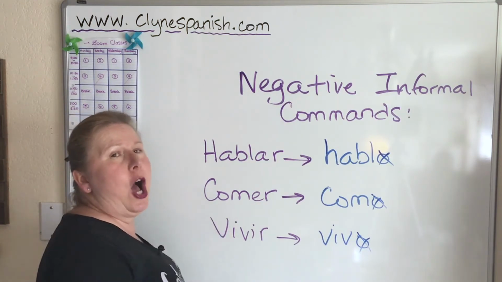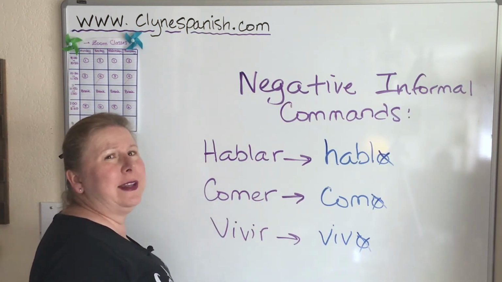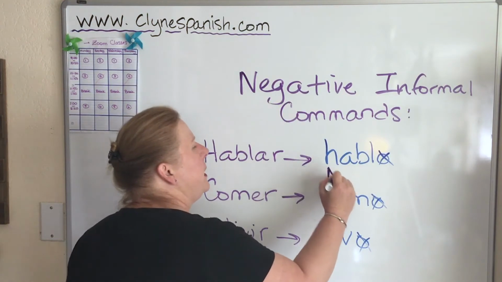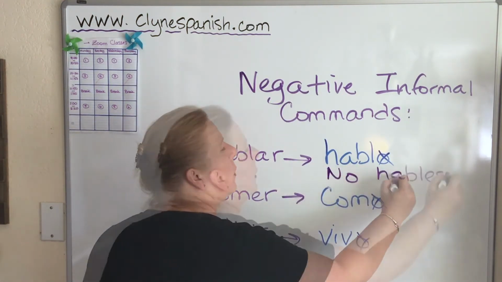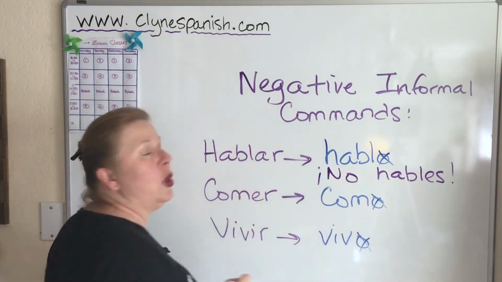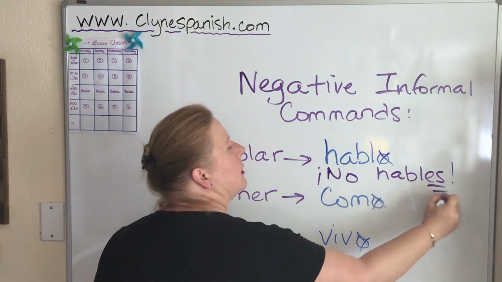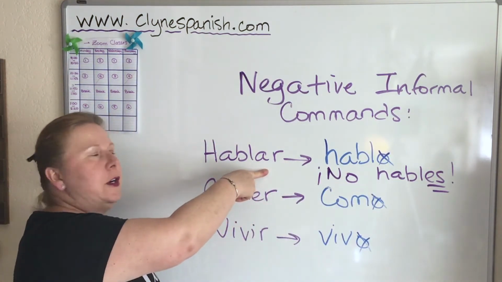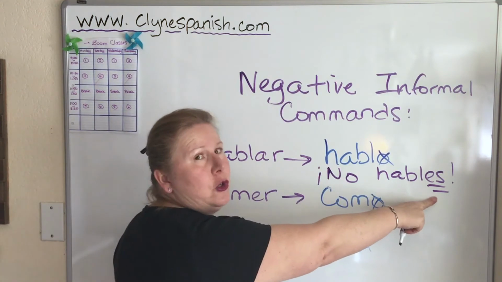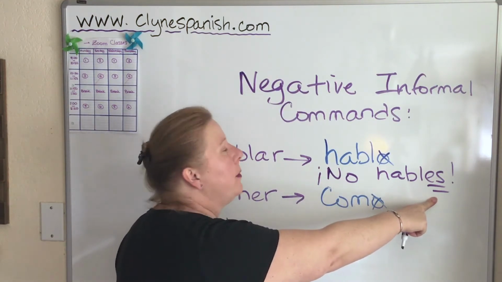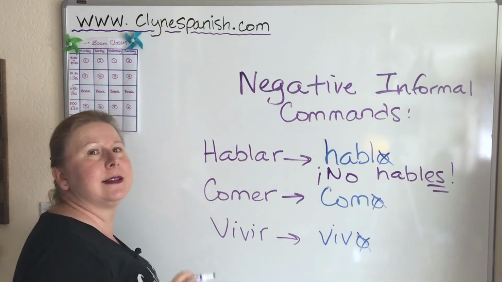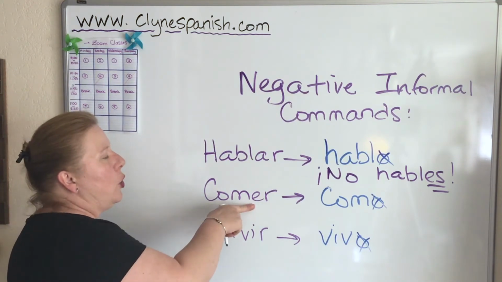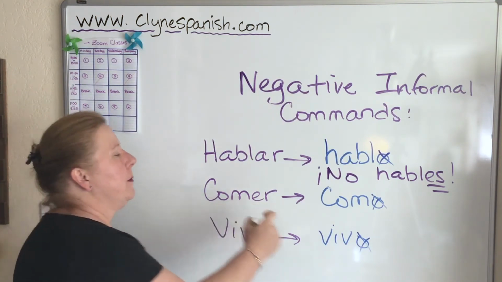And then you do the opposite tú ending, really different. So it would be no hables. Look what happened. This is an AR verb, and it's using the ER, IR verb endings. No hables. That's the negative. All right. Comer is an ER verb.